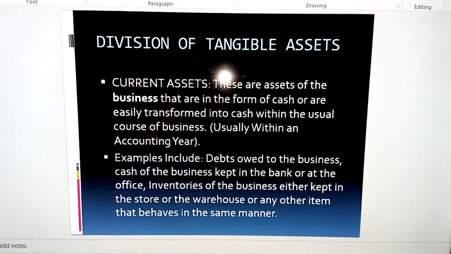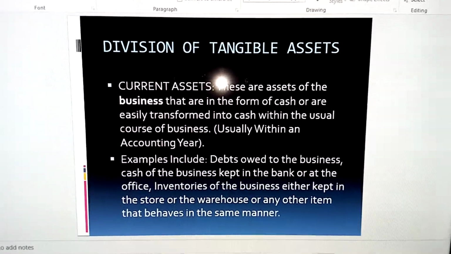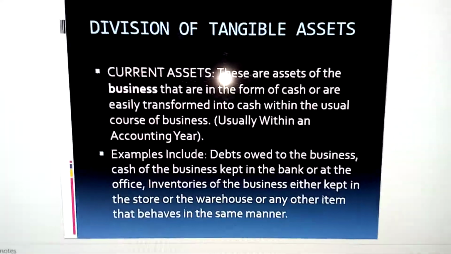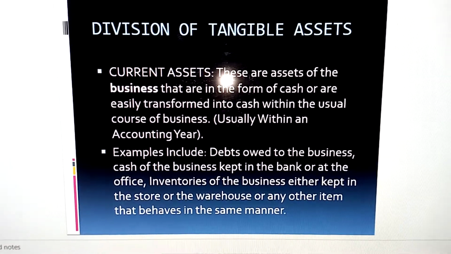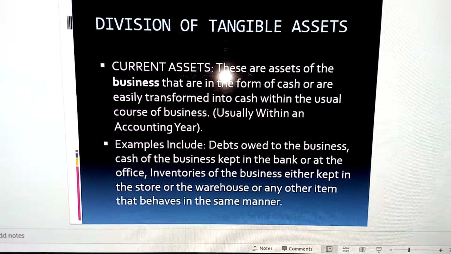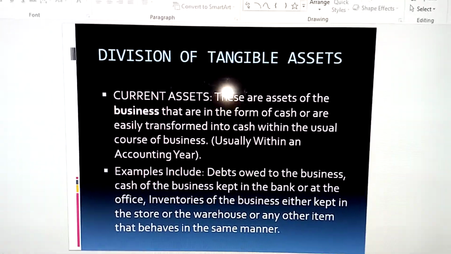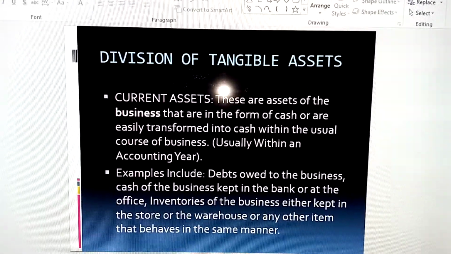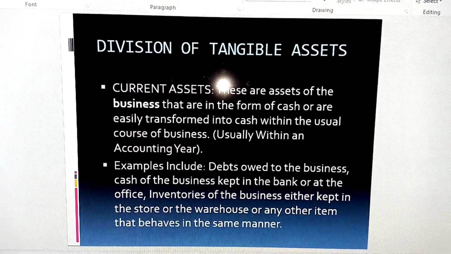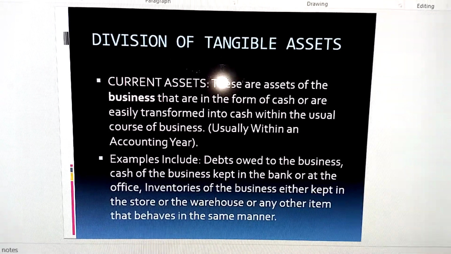But that is a decision of the organization. But those assets that are easily transformed into cash within that period of accounting year in the course of doing business as usual, it's what we call current asset.